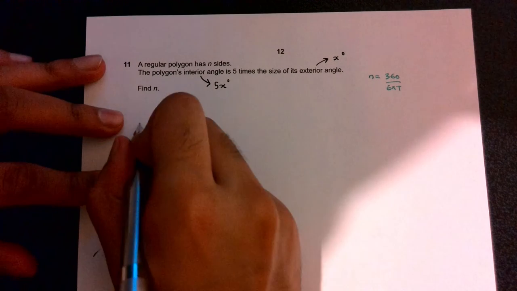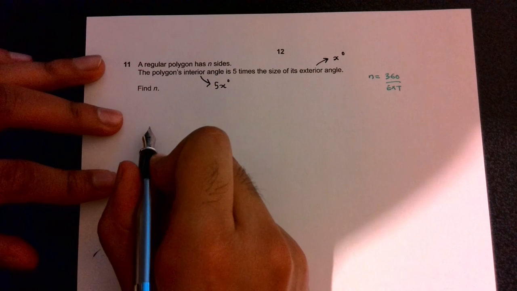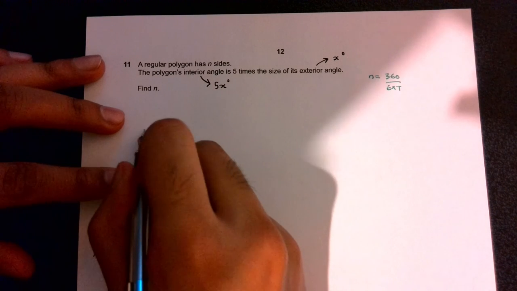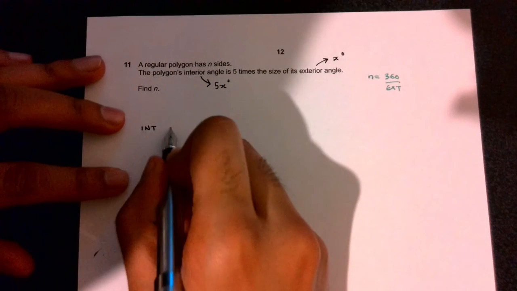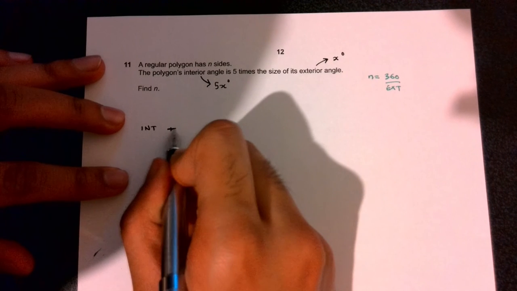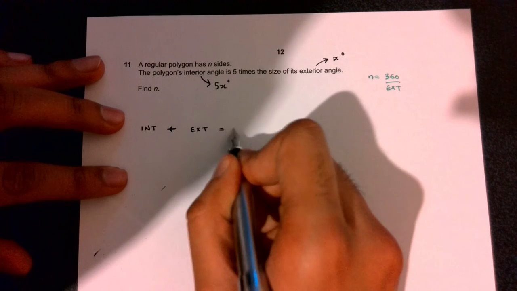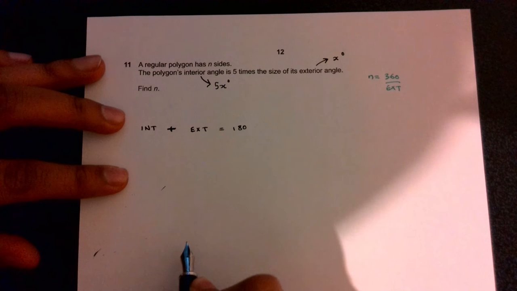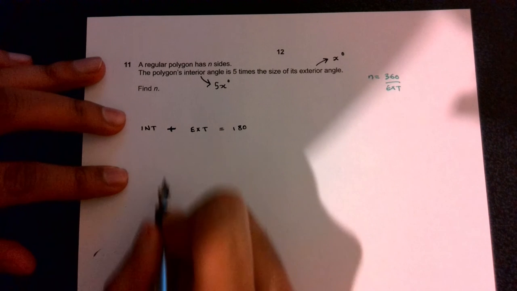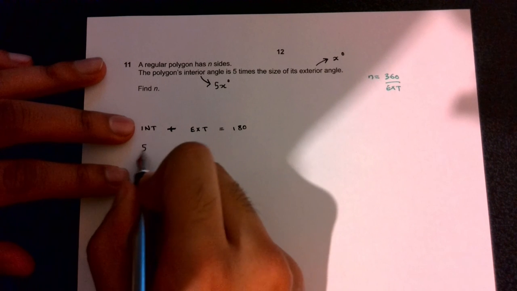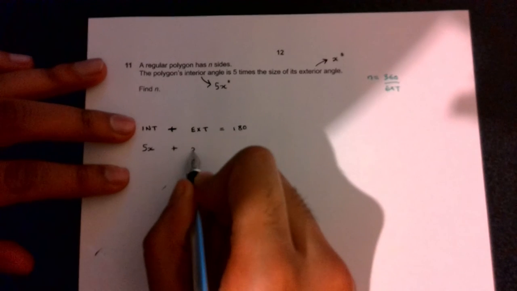We should know that the, what was I going to say, the interior angle plus the exterior angle is equal to 180. So we have our interior angle 5x plus our exterior angle x.